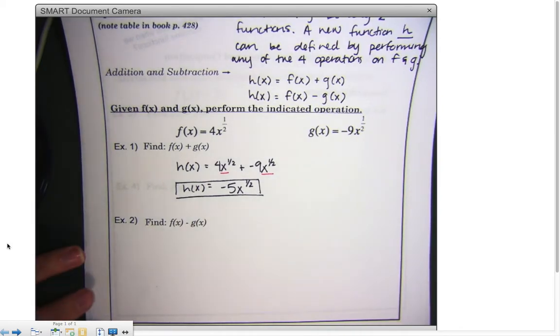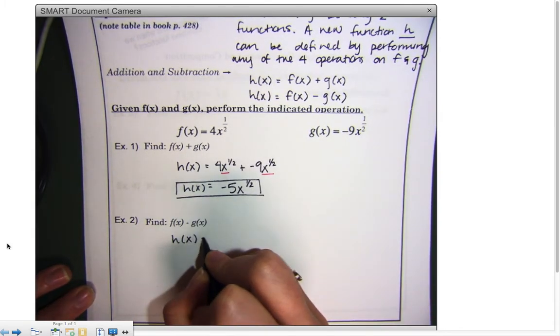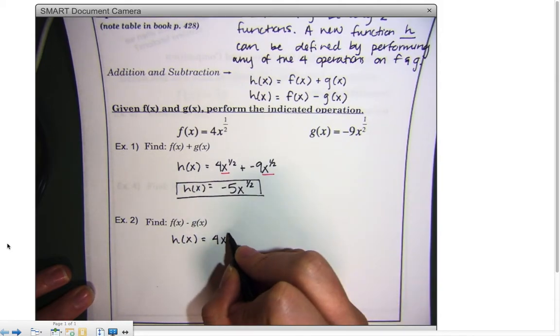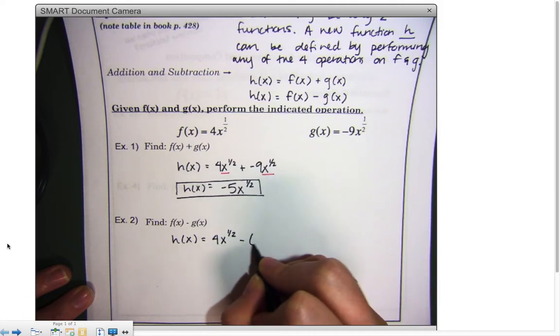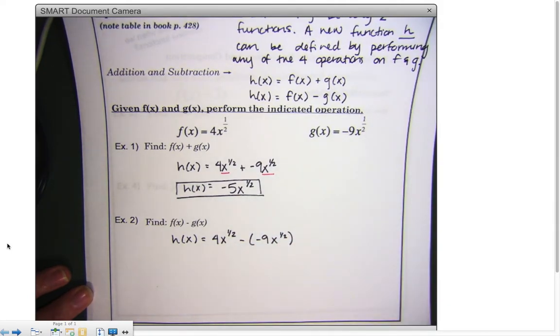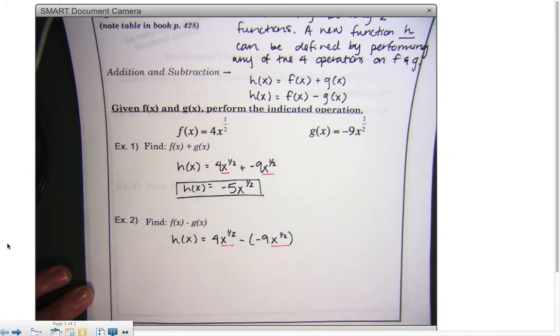We can do the same thing with subtraction. Let's call our new function h of x, f of x minus g of x. So 4x to the 1/2 minus a negative 9x to the 1/2. I just put this in parentheses so you can see we're subtracting a negative. So really we're going to end up adding here. And again, x to the 1/2 is the same as x to the 1/2.